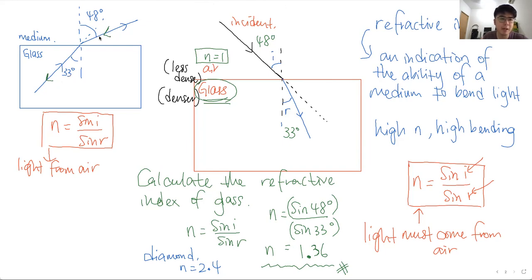Right, so if we flip the direction, which one is my i? The 48 becomes my incident angle, because when I change the direction, this ray becomes my incident ray. Initially this was my refracted ray, because the light comes from the glass.